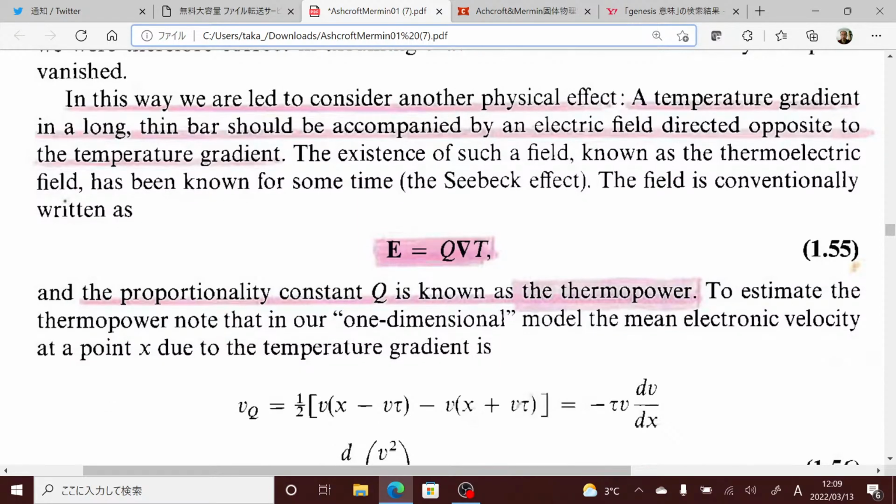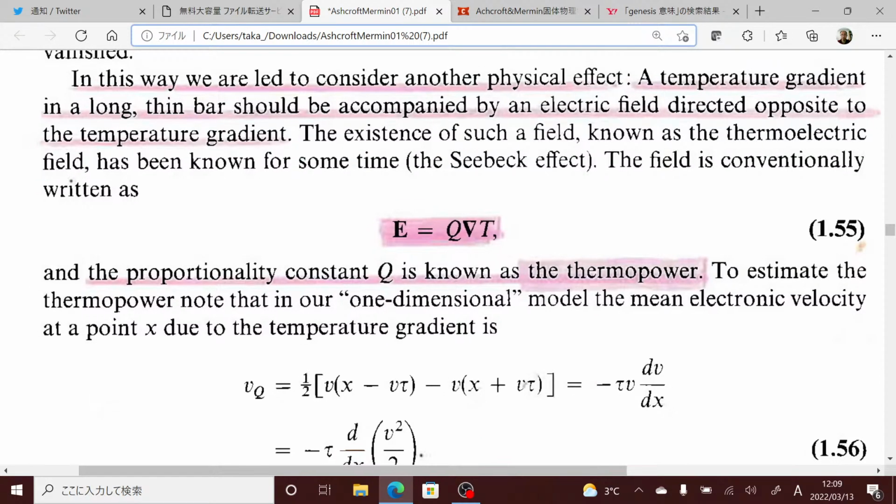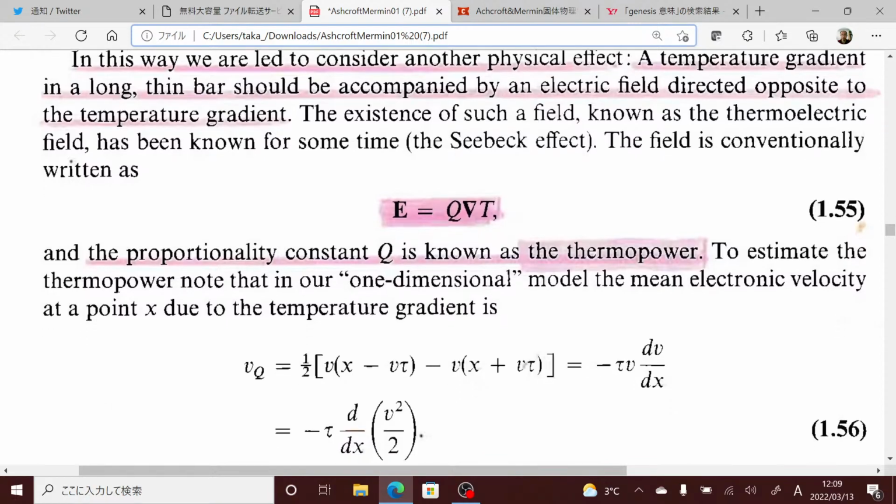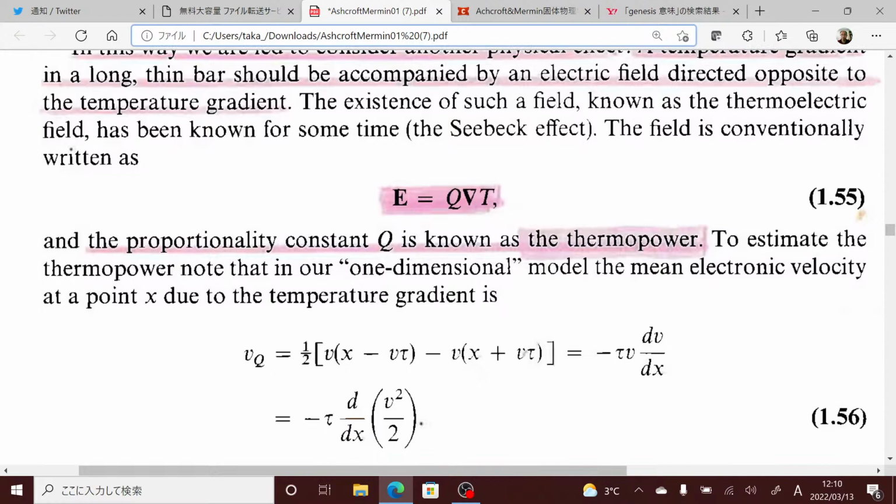The Seebeck effect. The field is conventionally written as E equals Q times the temperature gradient, and the proportionality constant Q is known as the thermal power.